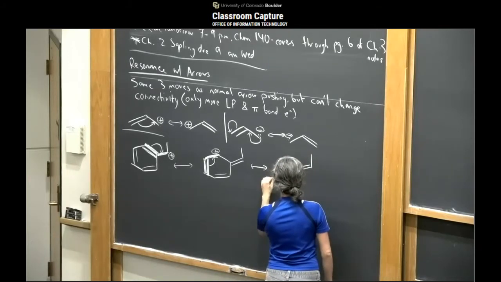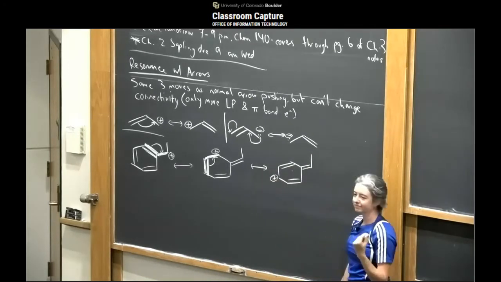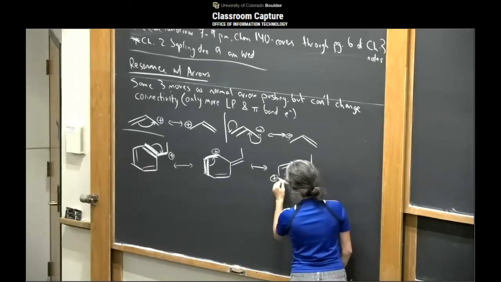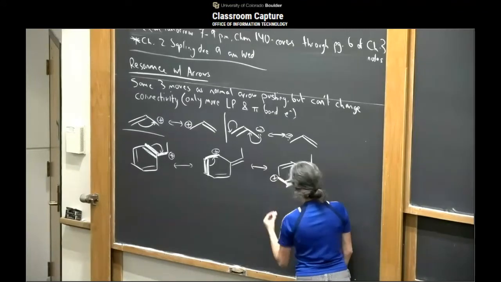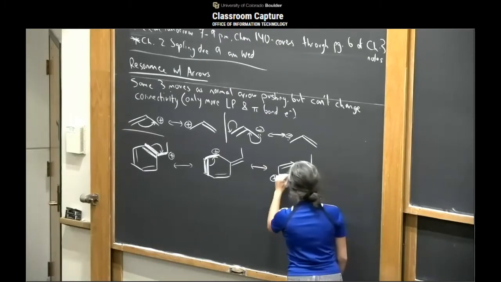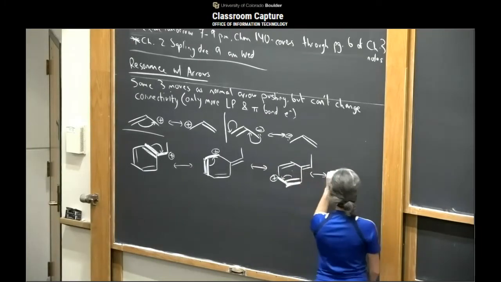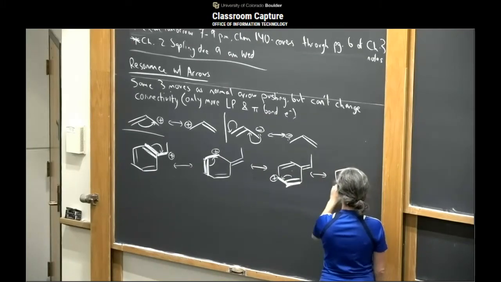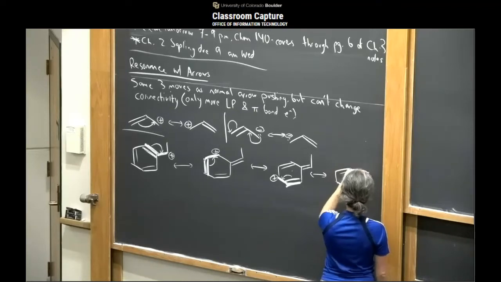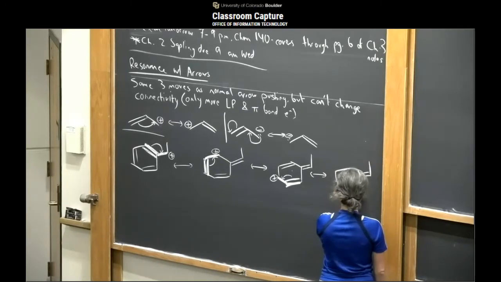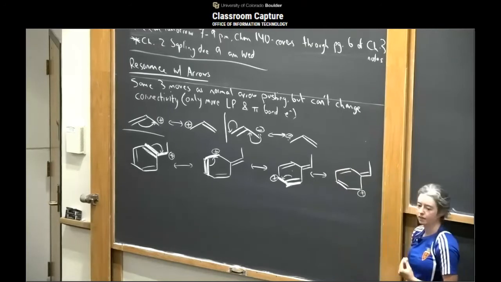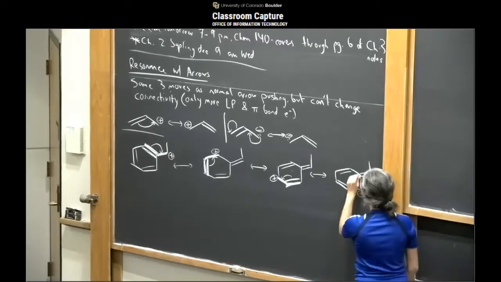That gets me to here. Then, same thing, another 3-atom subunit exists down here. I can do the same thing, and that gets me to here. And now I've got another one going up here.